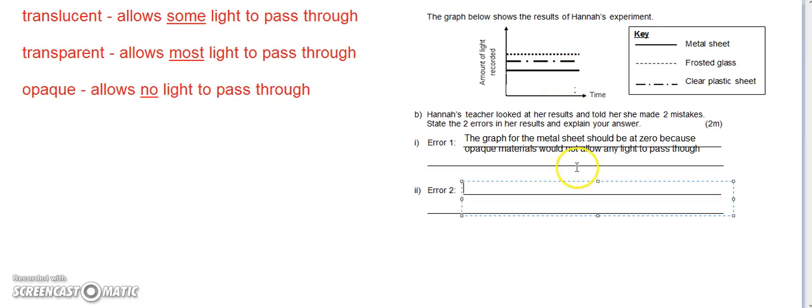Okay, so this would mean that the second error is that the frosted glass graph should have a lower reading compared to the clear plastic sheet.